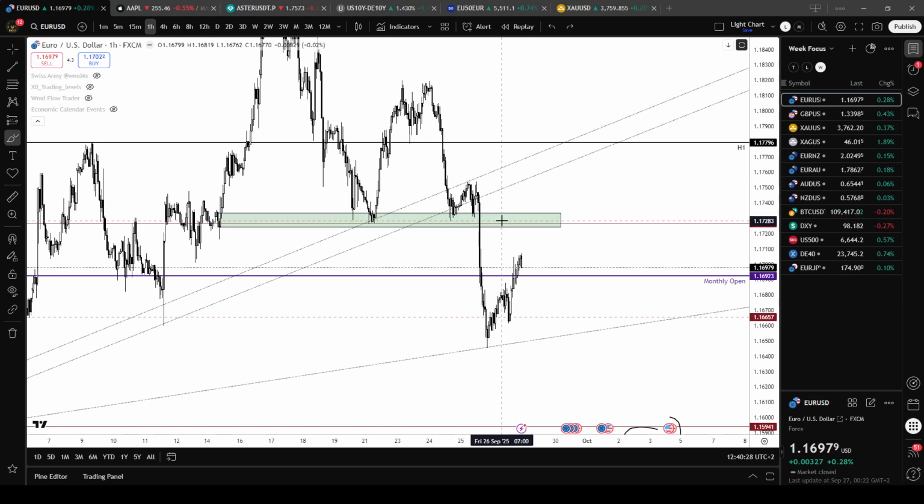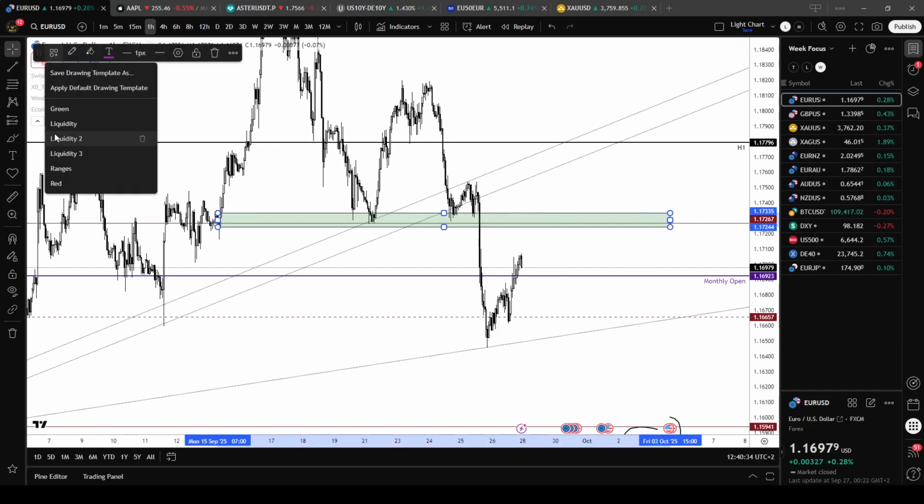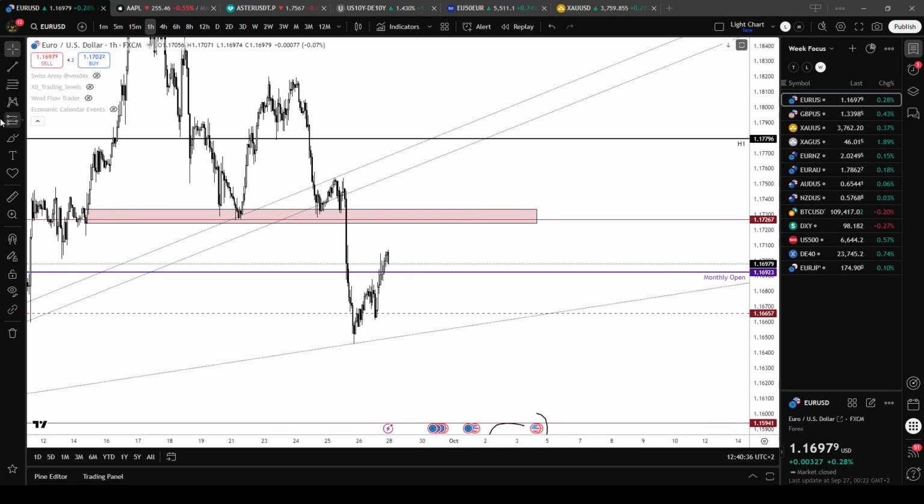Now this has not been retested as resistance. So one of the expectations I have for next week is that if the market was to come into this level, it is very likely to experience a pullback. And I do think it makes sense to play this.